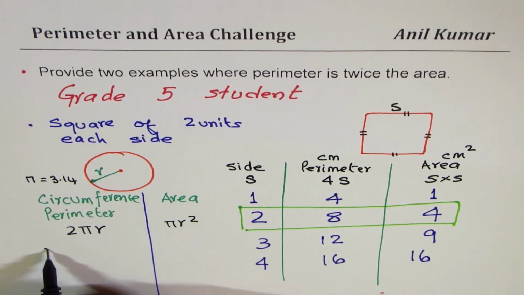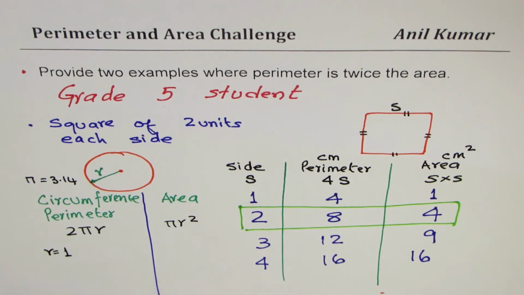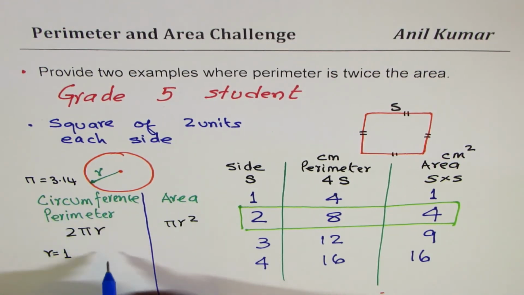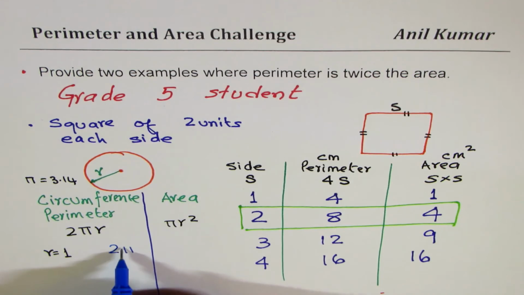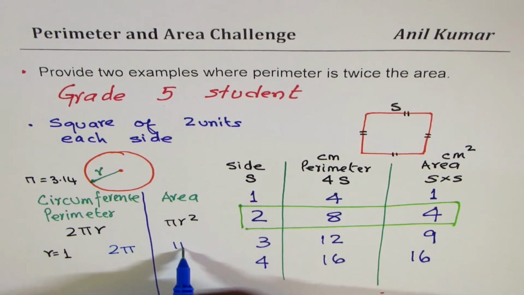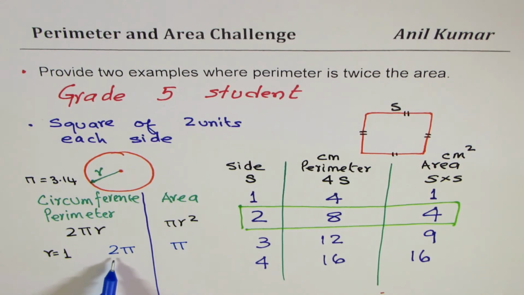If I write r equals to 1, in that case what happens? For r equals to 1, I get circumference as 2 pi, and area is pi times 1, which is just pi. So we see that the circumference is twice, right?